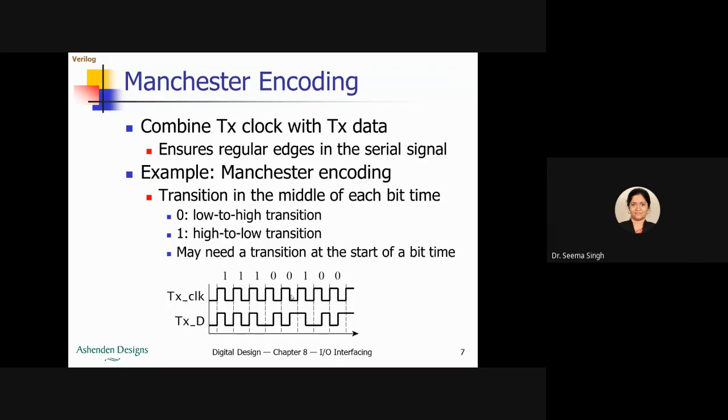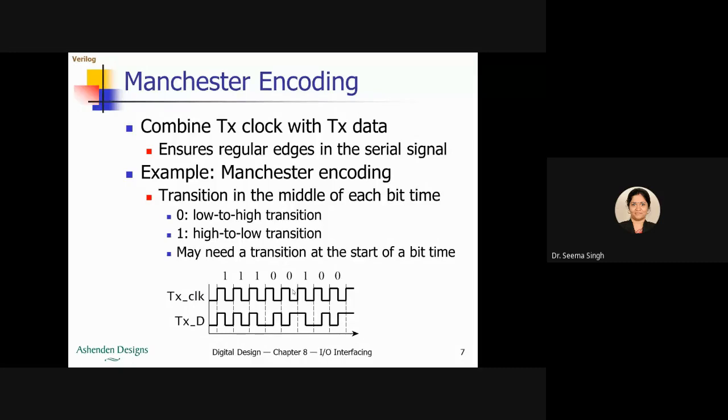Now let us see about Manchester coding. What is happening in this is that it again combines the transmitter clock with the transmitter data, on the same signal wire. This avoids the need for tight clock synchronization.